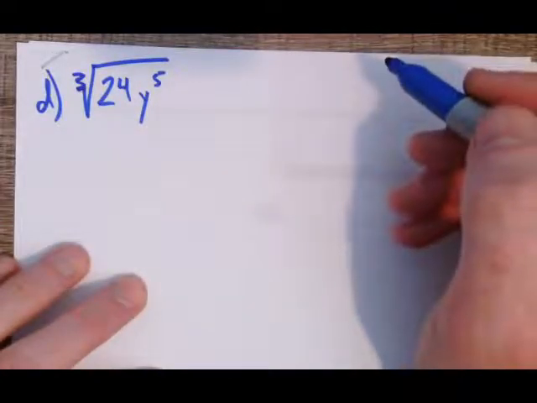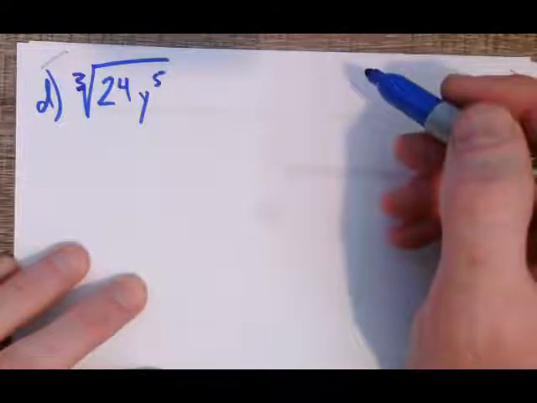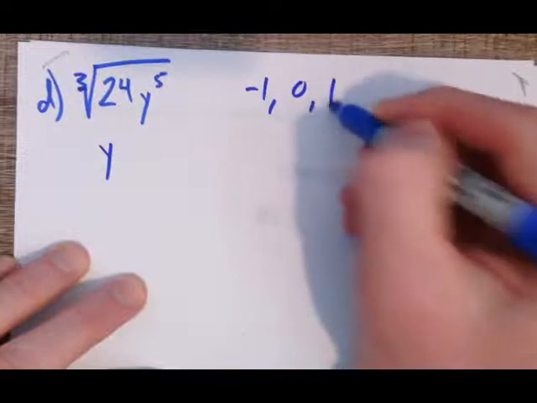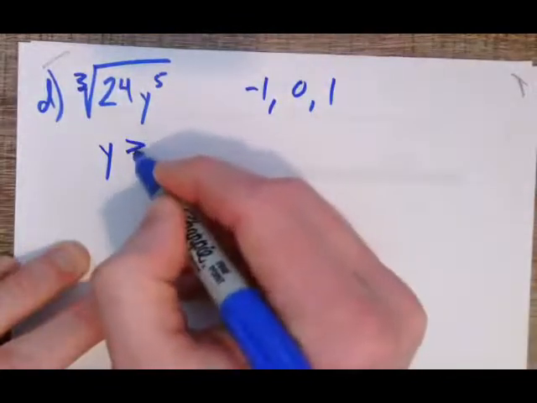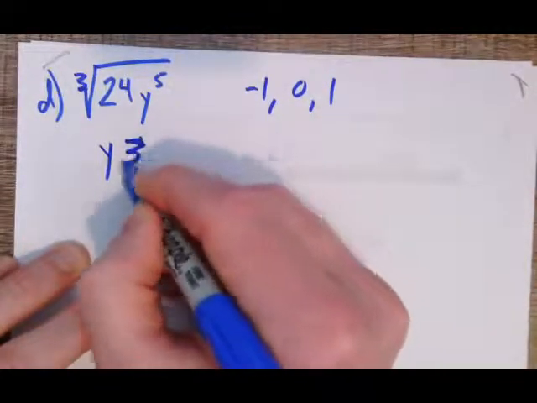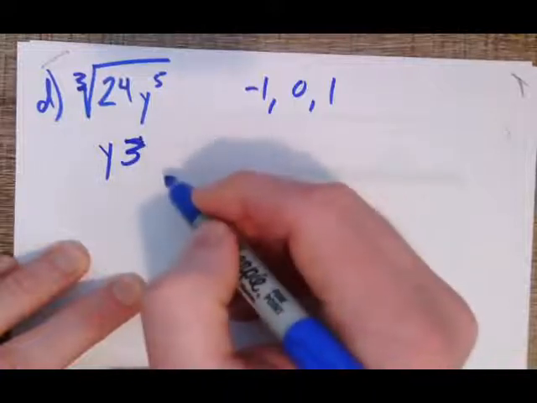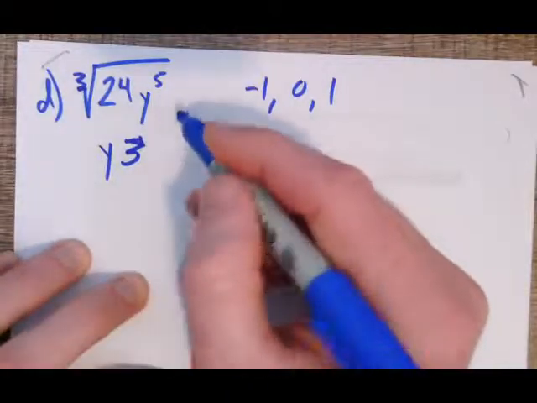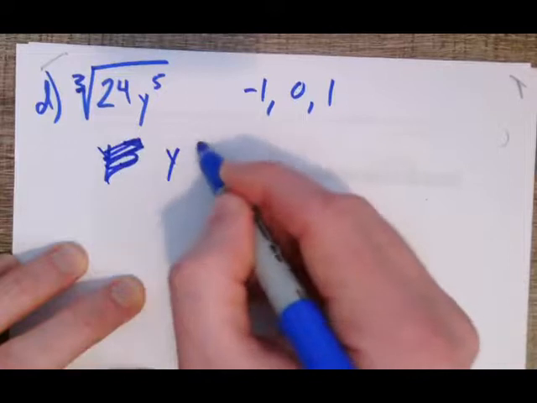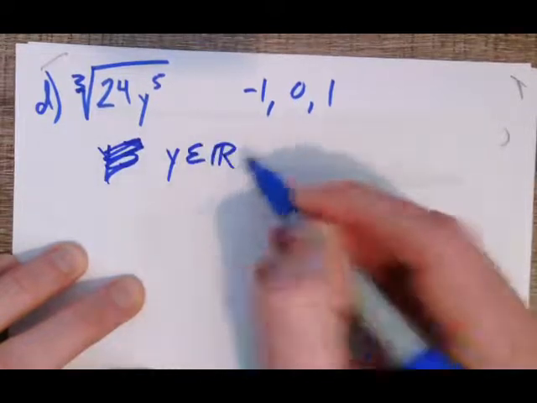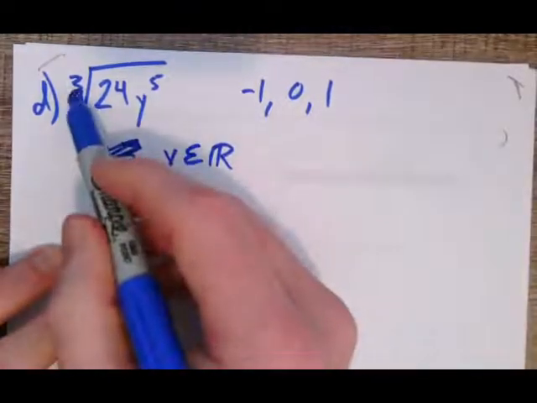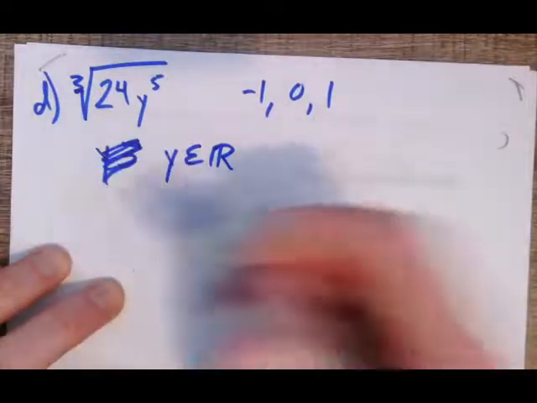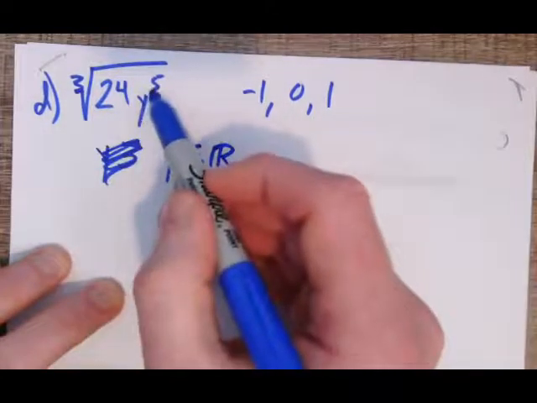I'll just say this because that's what it is. Y is an element of the reals, because of the odd root. Put a -1 in here.